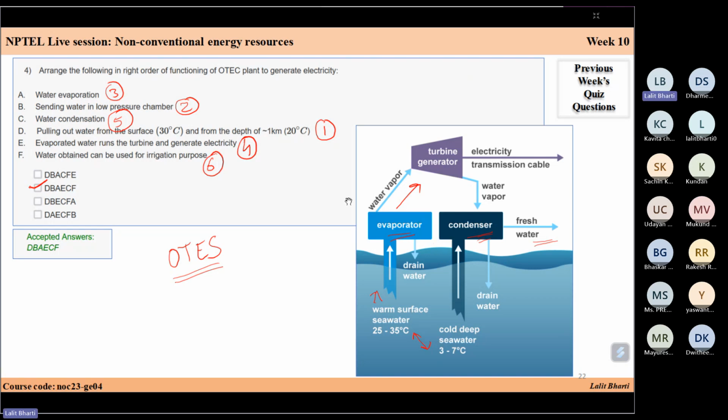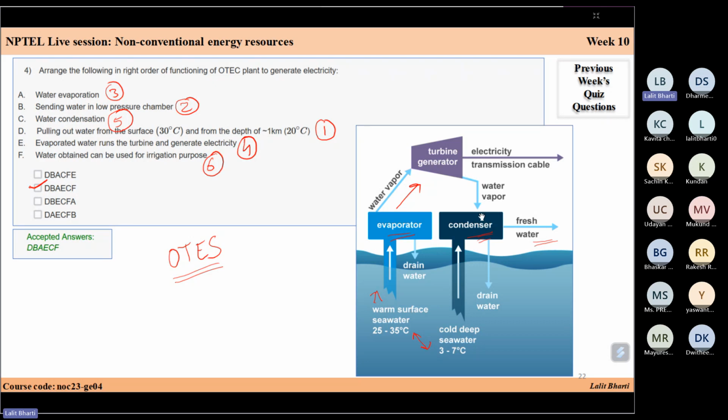Then the second step is sending the water into the low pressure chamber. Then your water will evaporate at the evaporator. This is the third step. Then the evaporated water will go into the turbine and rotate the turbine blades. This is the fourth step. Then it will produce some electricity.